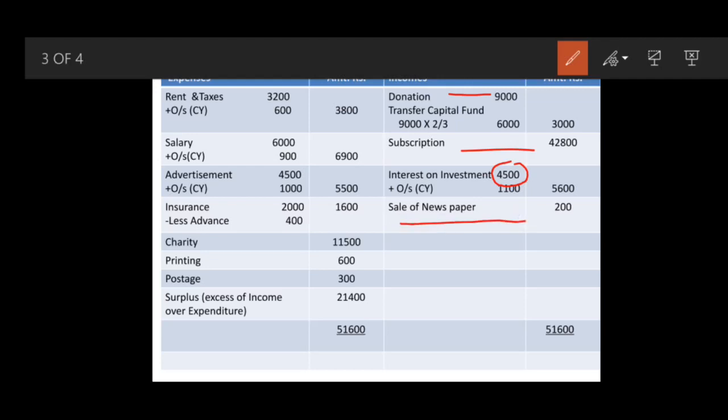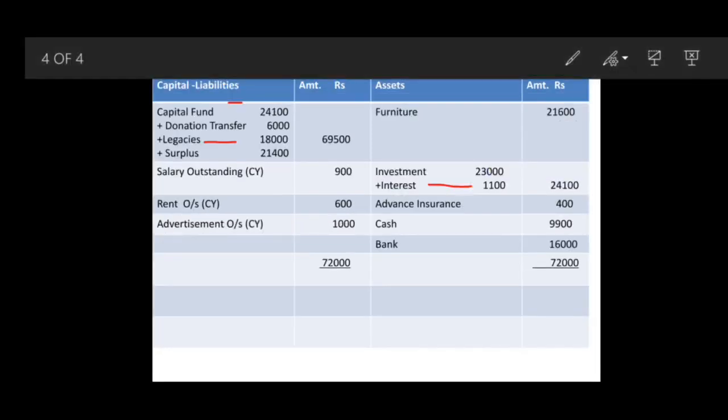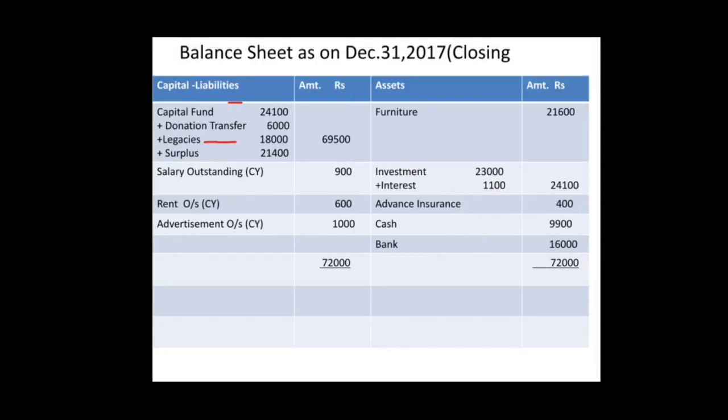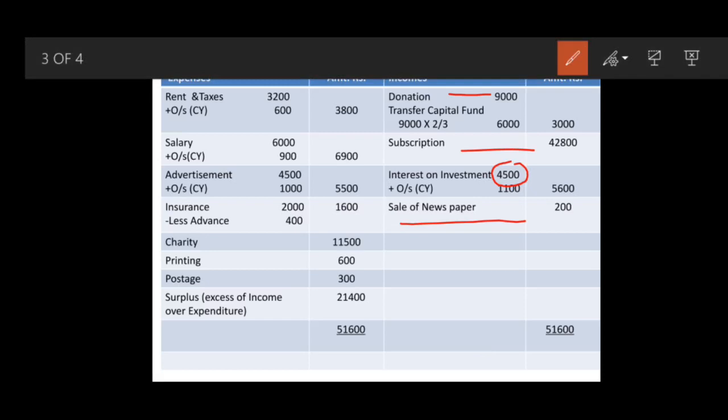Now switching towards adjustments. Very first adjustment, it was decided to treat 1/3 of the amount received on account of donation as income. So here donation received is 9,000, of which 1/3 is an income.